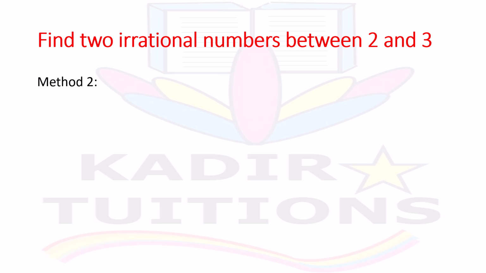In method 2, see, 2 is a rational number. How can I write this in the form of a square root? I can write root 4, right? The answer for root 4 is nothing but 2. For 3, in square root format, it is root 9. But root 4 and root 9 are rational numbers, not irrational.